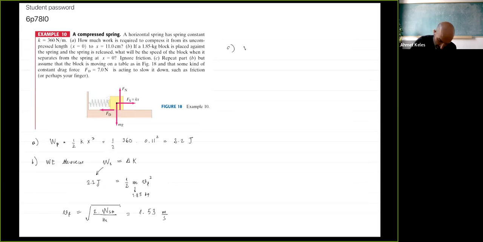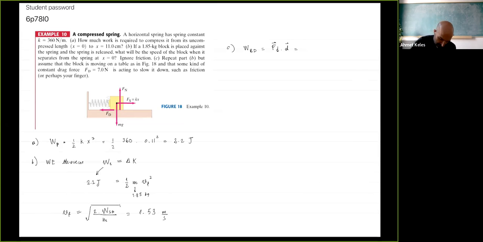So work done on the block by the drag force should be calculated. Let's call it F_d, and the problem is making it easy for us by making it constant.